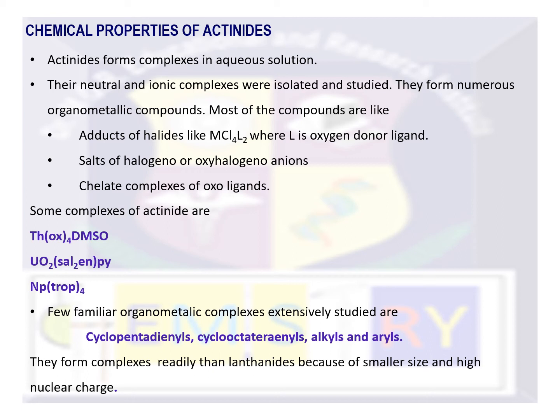And some familiar organometallic complexes which were studied are cyclopentadienyls, cyclooctatetraenyls, alkyls and aryls. Complexes of these types are also studied. So these all form the organic part, and the metallic part again is one of the actinide elements. They form complexes more readily than lanthanides because of the smaller size and high nuclear charge.